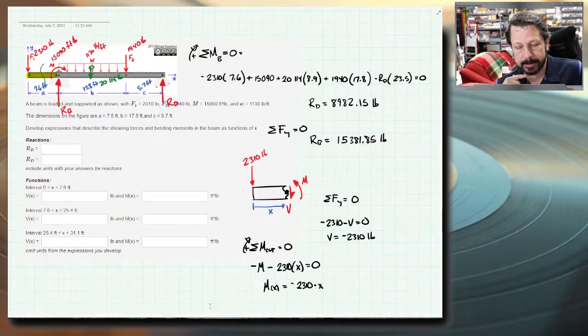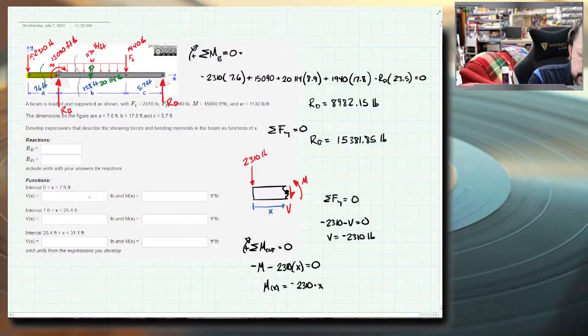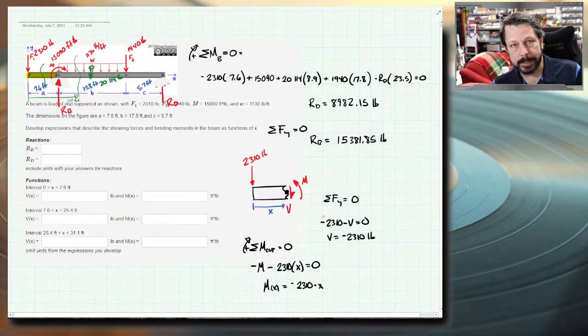So that's exactly what we're doing here, except that instead of randomly picking a spot, you go to the left end and cut this thing off at 10 feet, do the exact same thing where you draw the free body diagram and write the summation of moments about that cut surface, and instead of getting a variable, x is 10. So you put in a number for x and solve the equation to get the actual value for the bending moment 10 feet from the left end of the beam.